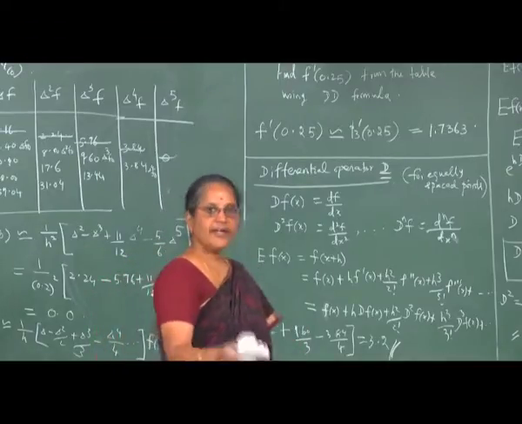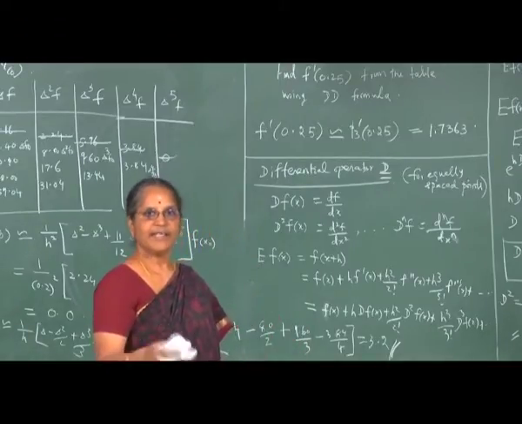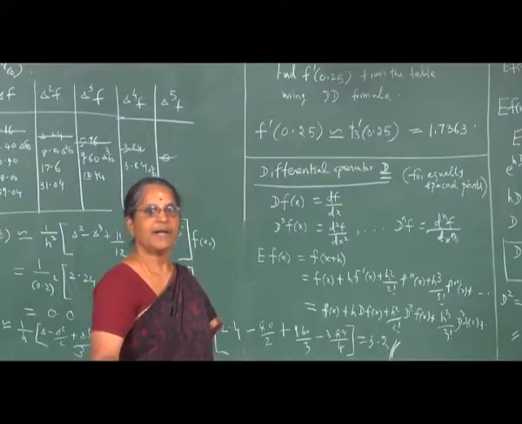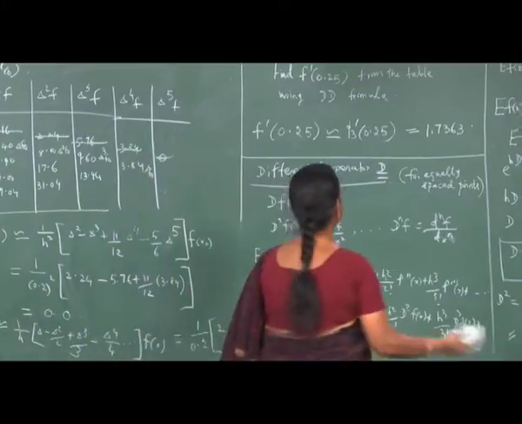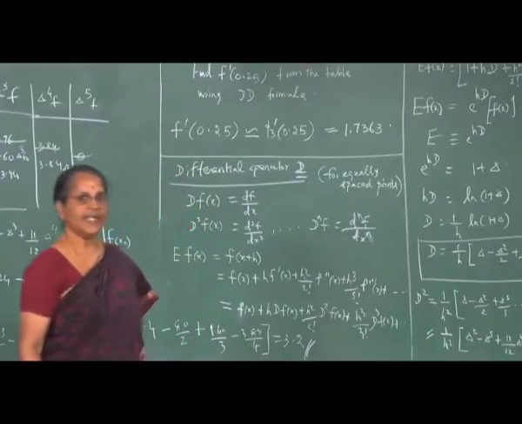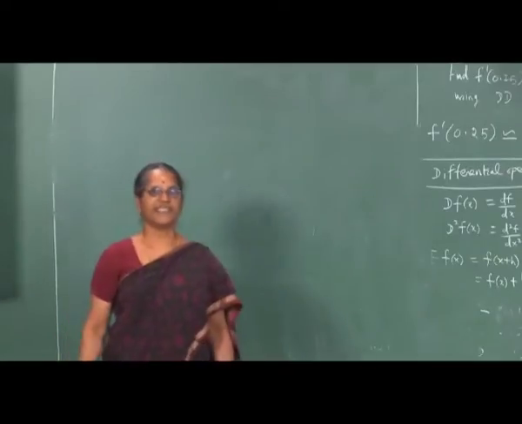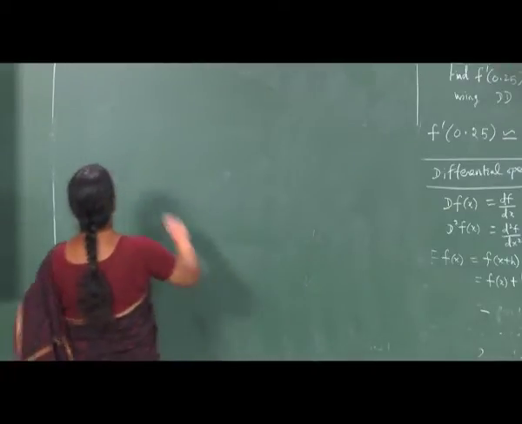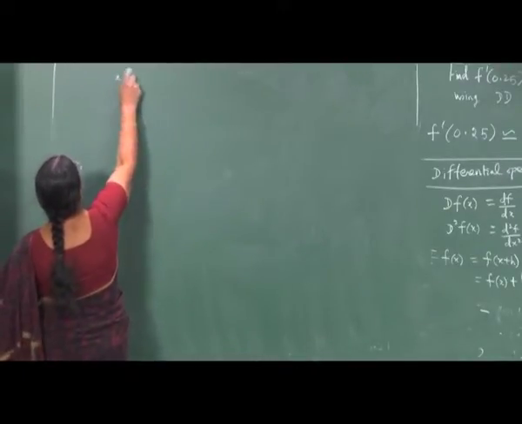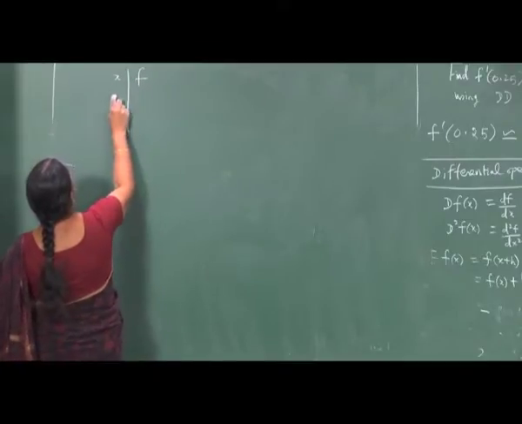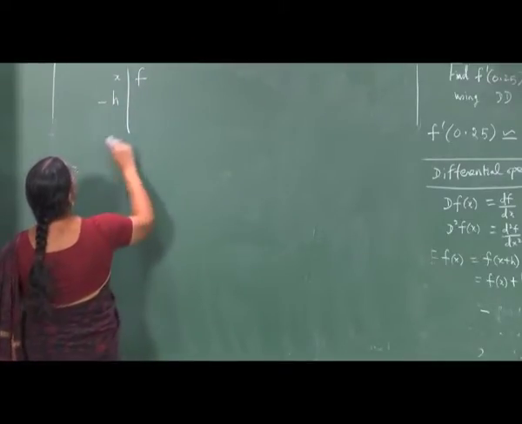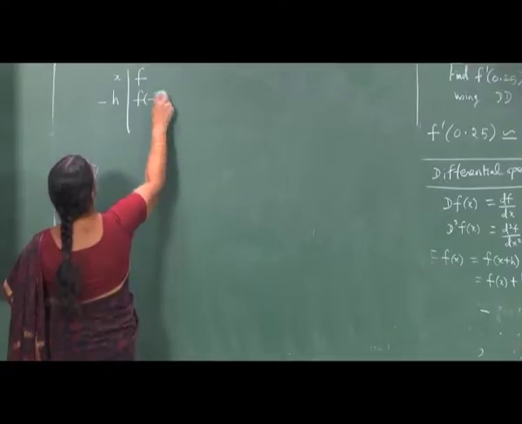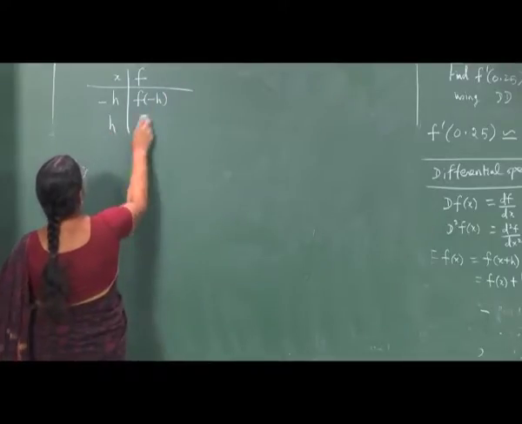Otherwise, your numerical differentiation methods can become unstable. So, we illustrate this by the following example. Let us take the following simple example. Suppose we are given the function values at 2 points, namely minus h and plus h.